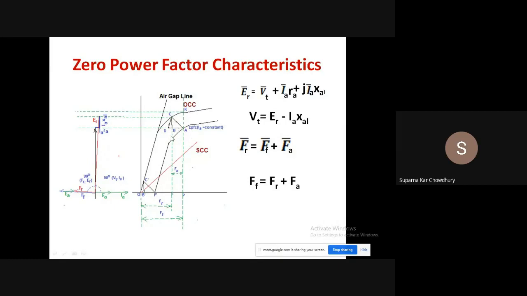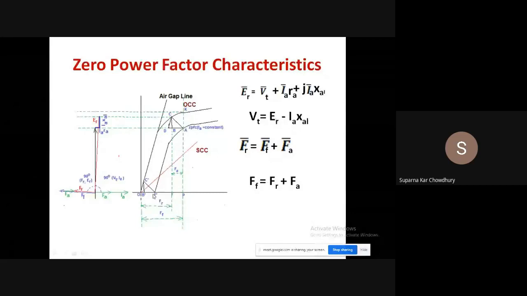Now, when this triangle is fitted at this point, that is, when this point A falls on the x-axis, then this point, shown here as F dash, is the short circuit point because the terminal voltage is 0. So this point should be available from the short circuit characteristic. So actually what we do is perform the zero power factor test for this point, and we get this point. Now I draw a line parallel to the horizontal line through this point.